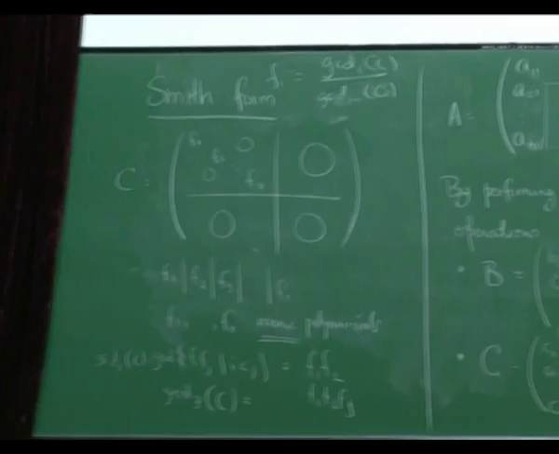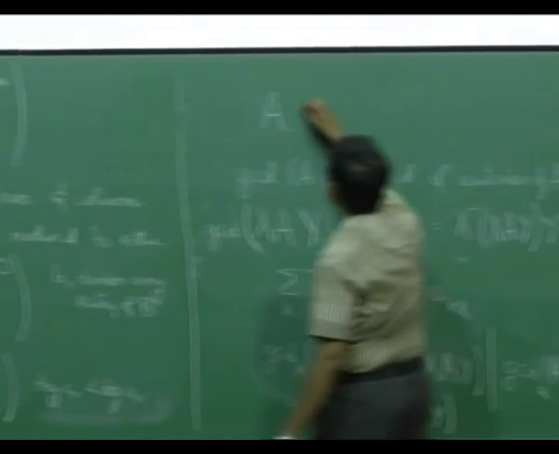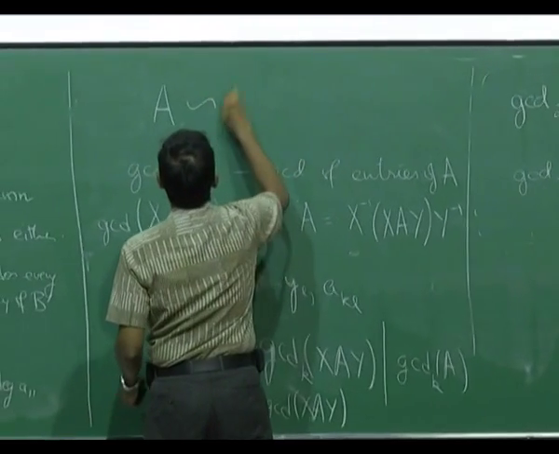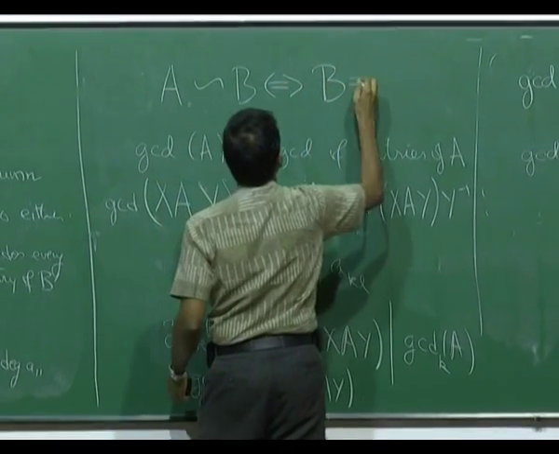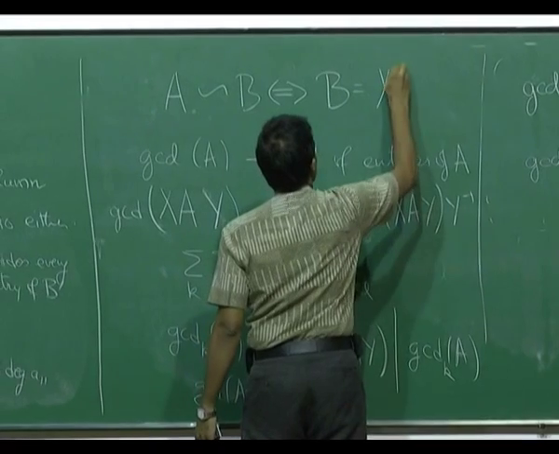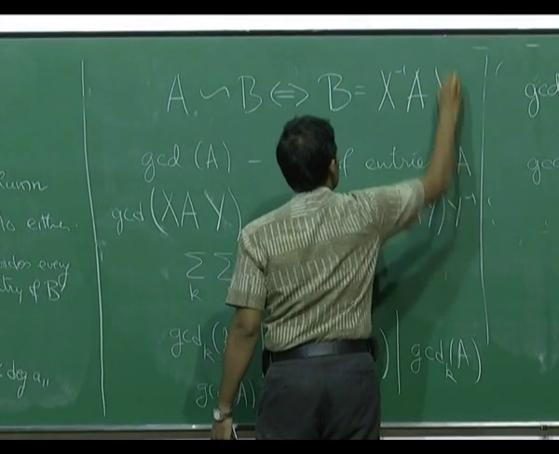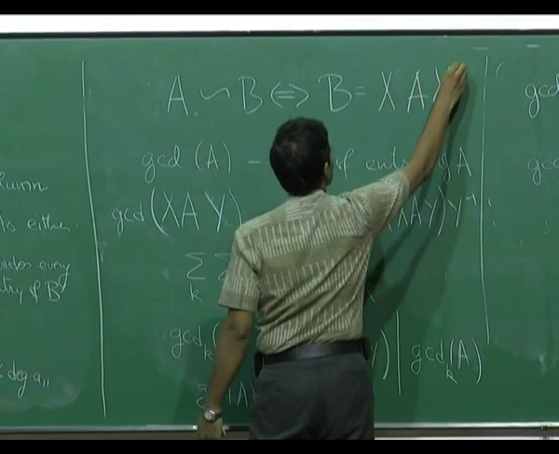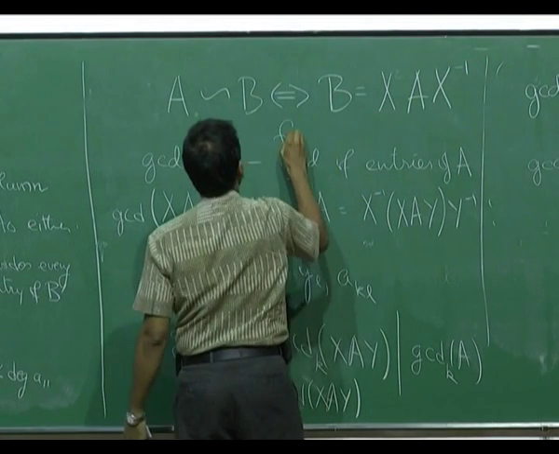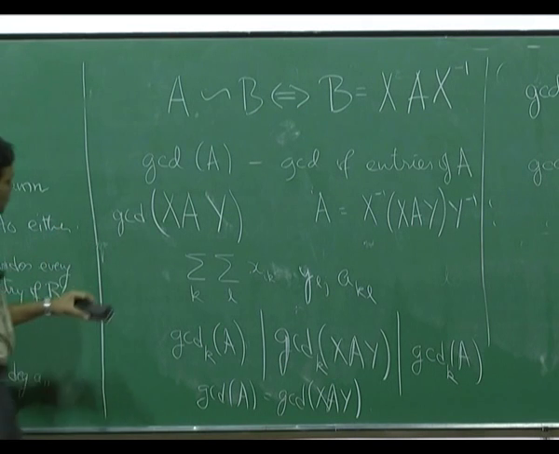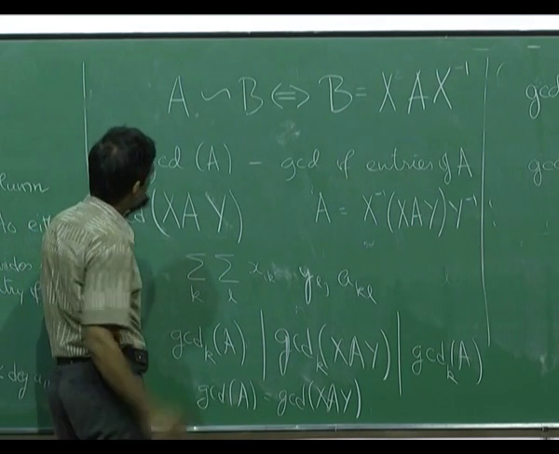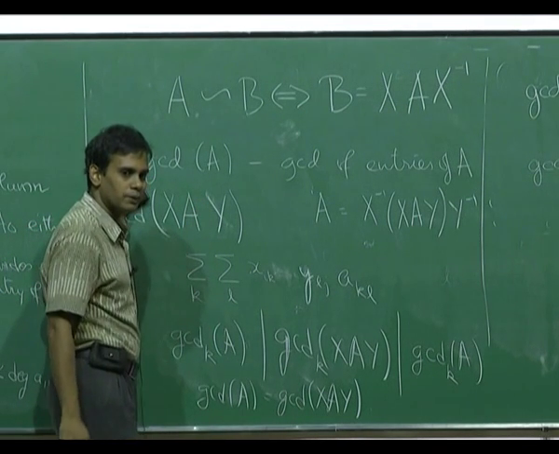So we said that A is similar to B if B is X inverse A X, or X A X inverse, doesn't matter, for some invertible matrix X. Okay? So we want to solve this for ordinary matrices, not polynomial matrices.